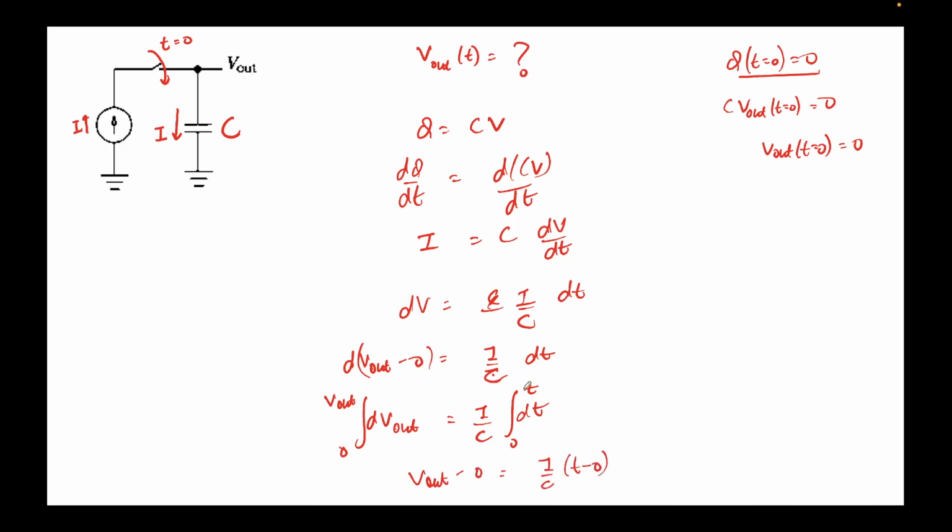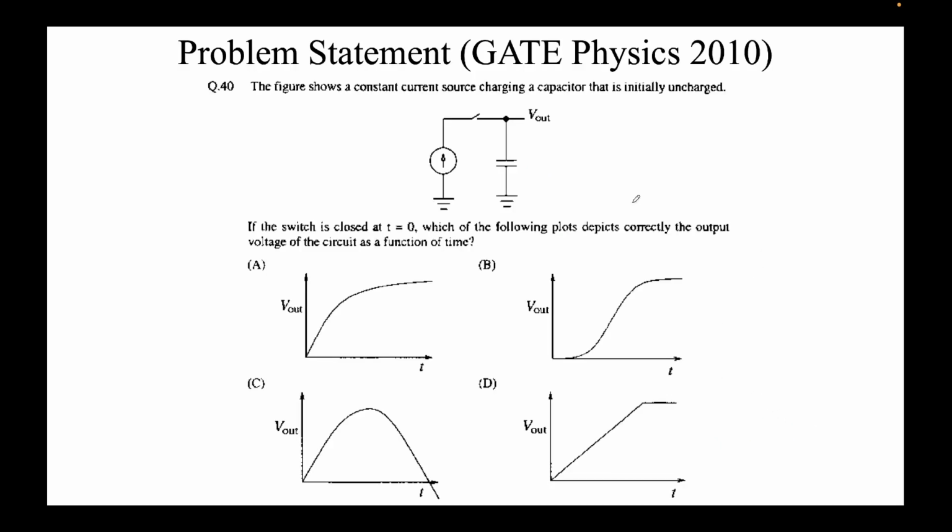Note I and C were constants, hence they could stay out of the integration. So this will give me V out equal to I over C times t.